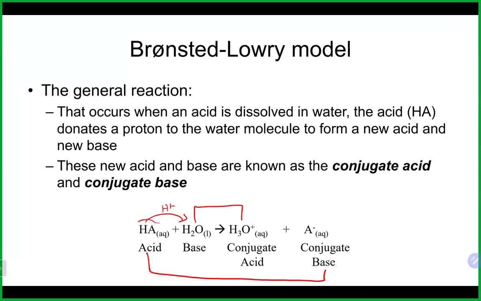Also, charge-wise, this guy loses a hydrogen, and it was neutral to begin with. So when it loses a positive, it becomes one more negative. That's why it's -1 on the other side. This is water, which was neutral to start with. When it gains the hydrogen, it also gains the positive charge. So it goes from no charge to +1. So again, the charges do adjust as you get those pairs going. Questions on that there?